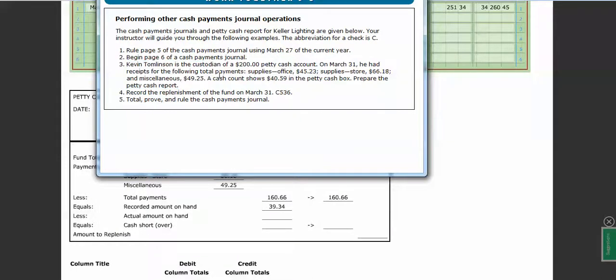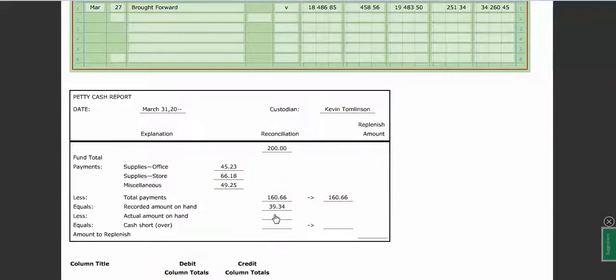A cash count shows 40.59 in the petty cash box. So we're going to put that right there. Now we have to figure out, are we cash short or are we cash over? In this example, we are going to be cash over.